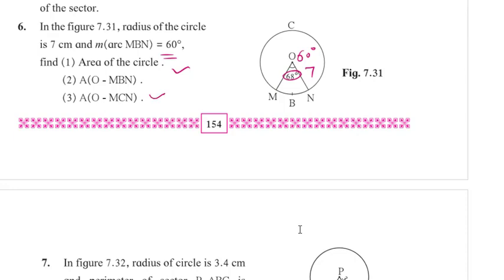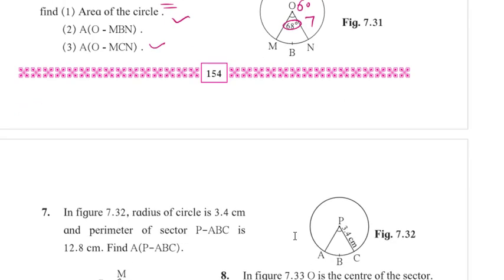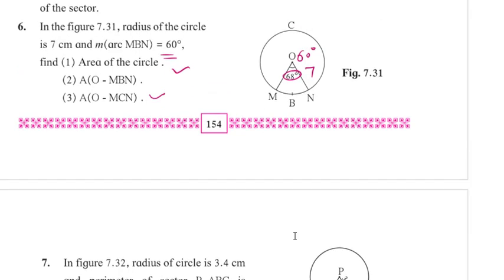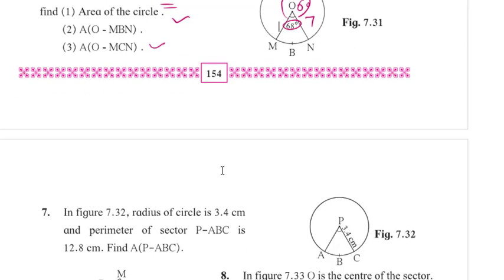So after getting area of minor sector, we subtract it from area of circle, we get area of major sector. There is one more way to find area of major sector, that is I have to find this major angle. Now this is 60 degree, so this outer angle will be 360 minus 60, that is 300 degree. So by using theta as 300 degree also you can solve the problem.